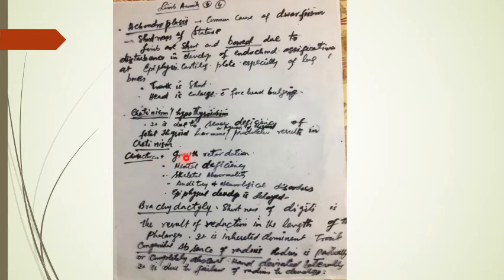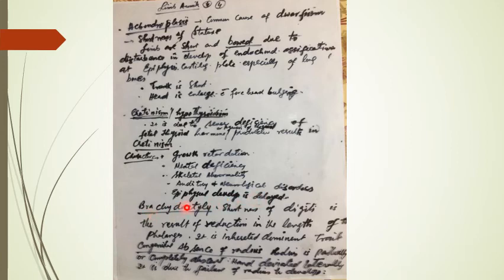Characteristics of cretinism are growth retardation, as growth of such children doesn't occur, mental deficiency, skeletal abnormality, auditory, hearing, and neurological disorder, brain disorder. Epiphyseal development is delayed.